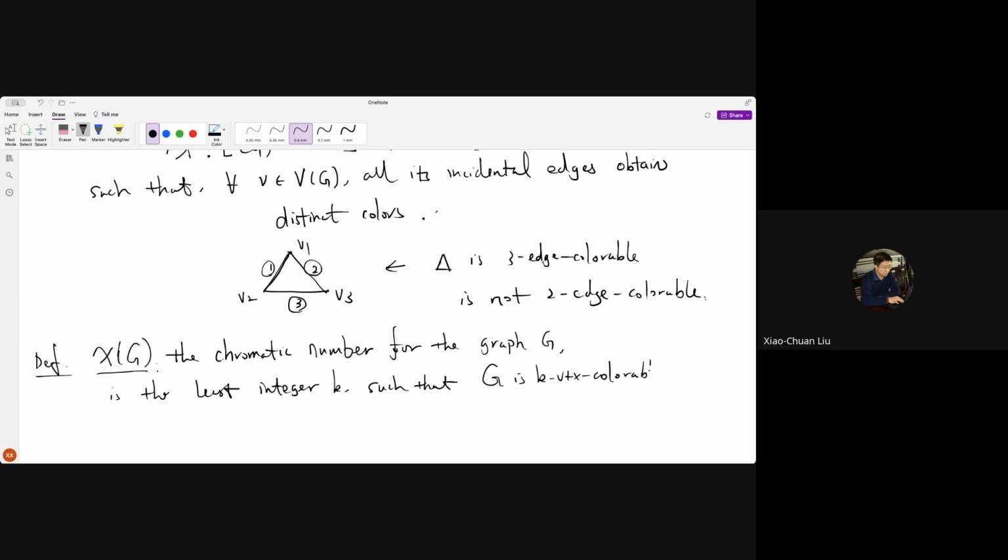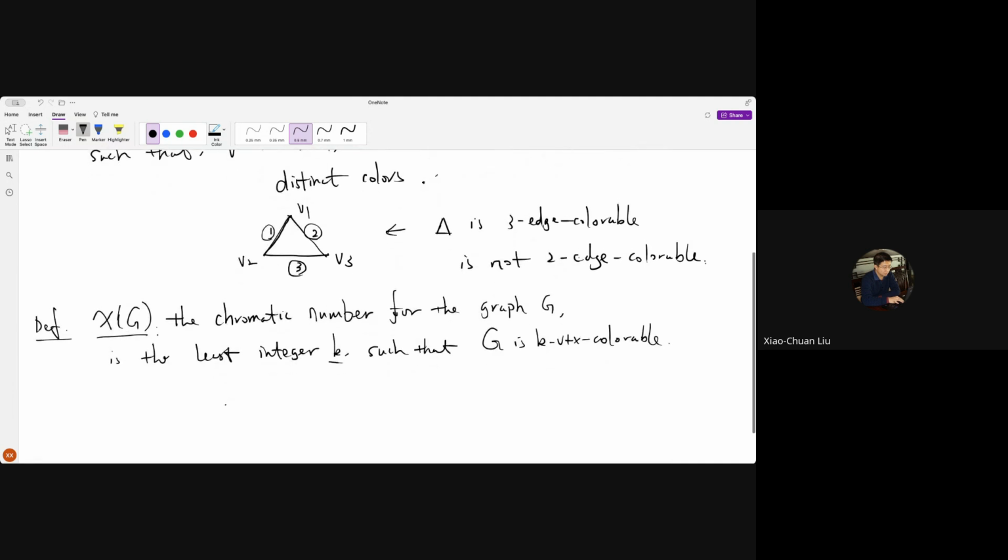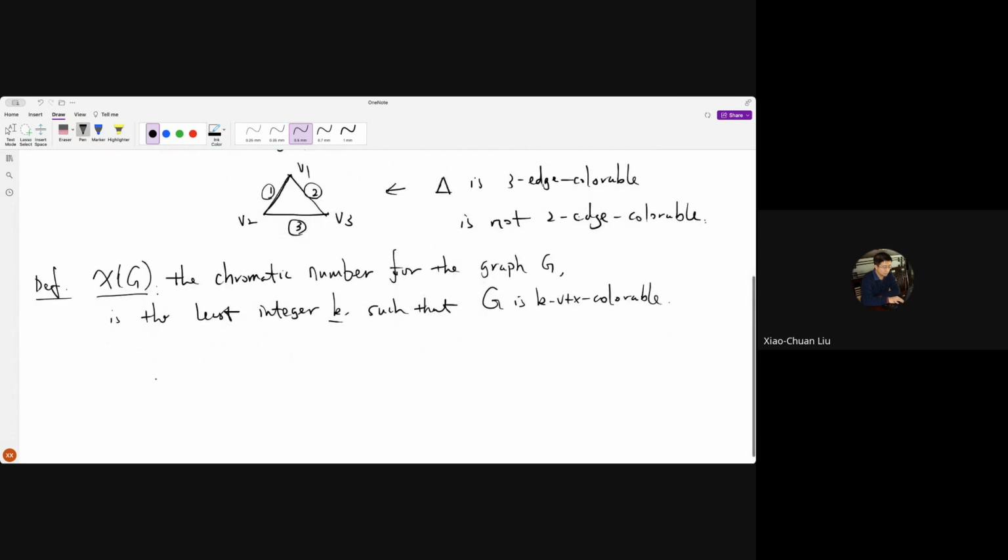It means that you can use k colors to give this graph G a proper vertex coloring, and you cannot use k-1 colors to do the same. So this is called a chromatic number.